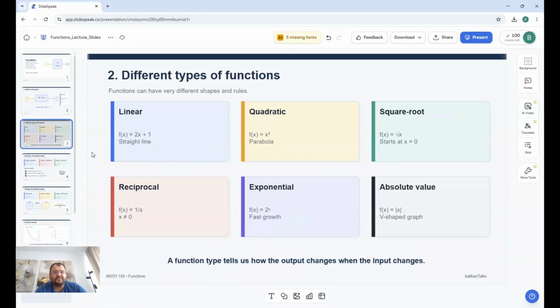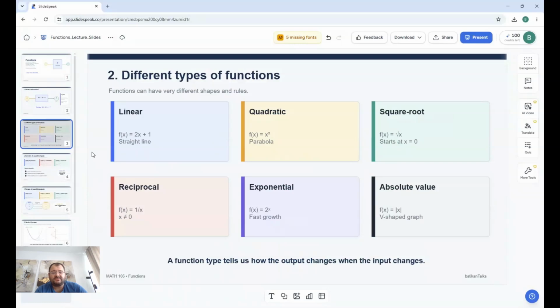So we have different types of functions. Here you have linear functions, 2x plus 1, which has the standard linear, straight line formula with 2 being the slope of the function and 1 being the constant.